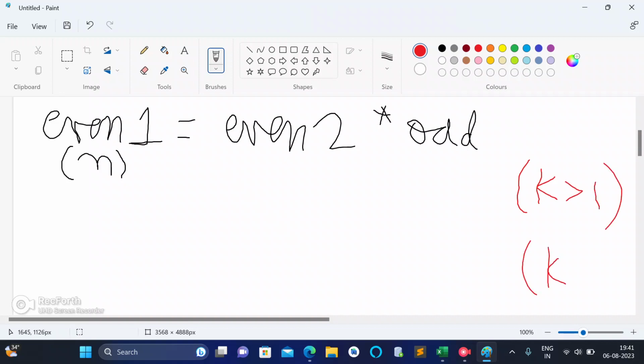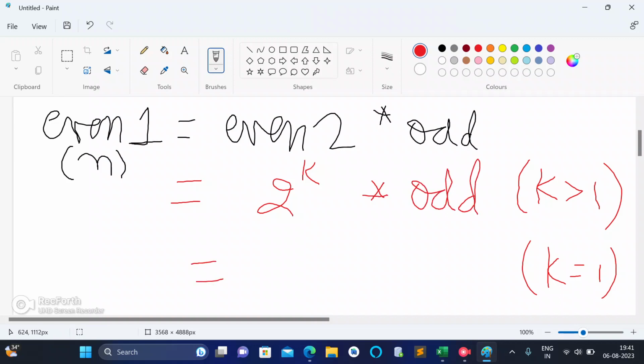Now in this I am making two cases: when k is greater than 1 and when k is equal to 1. Either 2 raised to the power k, which is even 2, into odd, where k is greater than 1, or 2 into odd.